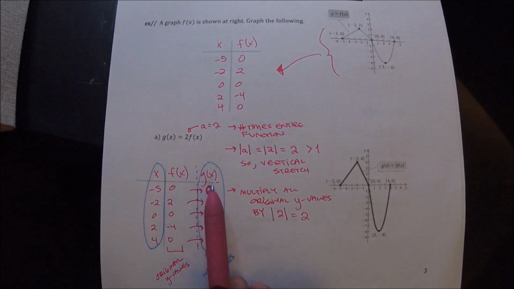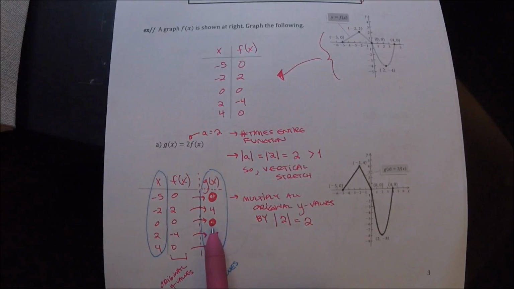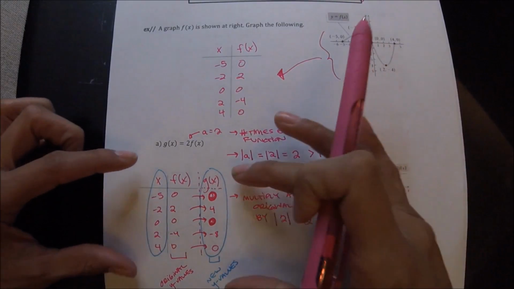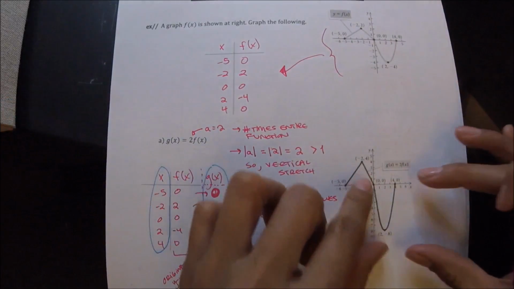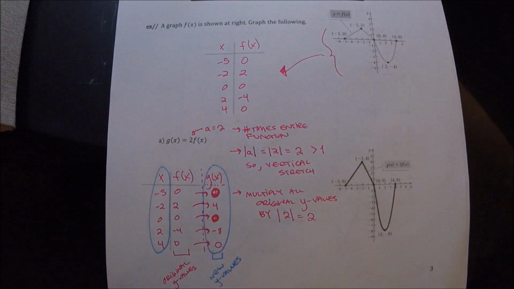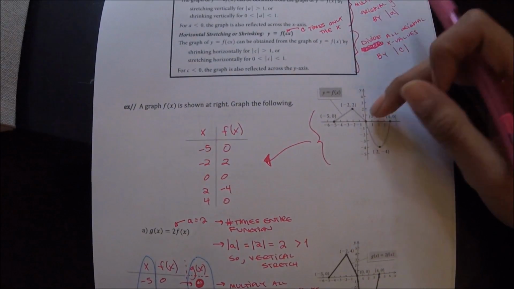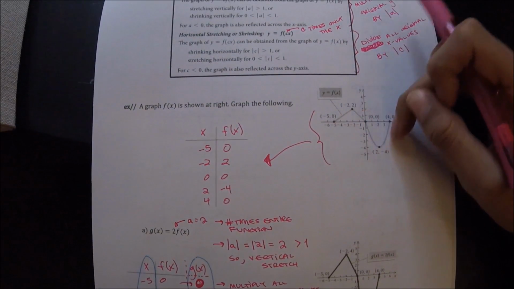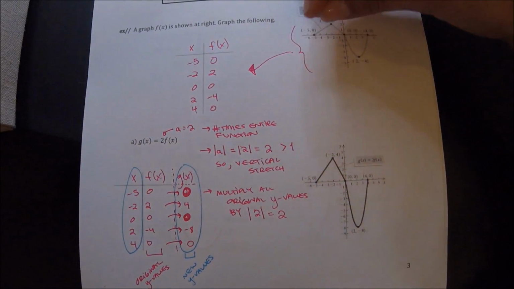So we add kind of a new column on, multiplied all these original y values by 2 to get these y values, and then we use the original x and the new y, plot these, and that gives us our new vertically stretched graph. And you can see that it does look like a stretched version of this graph. Everything's just kind of vertically pulled up and down.